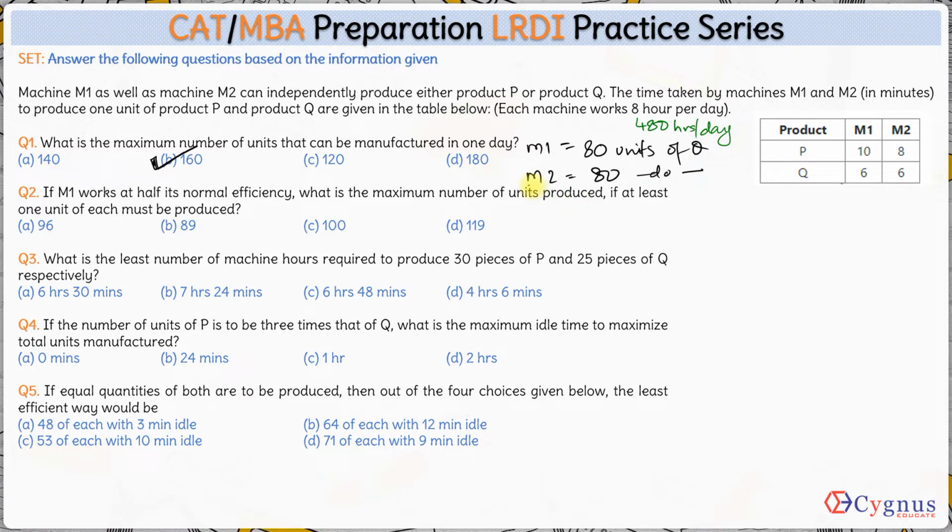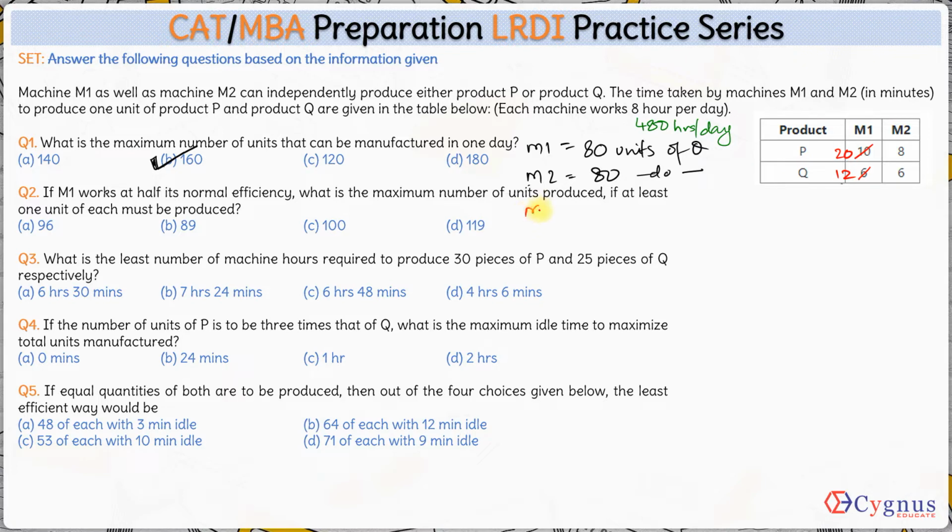So let's try to maximize the number of units first, and that would be done when we produce Q using both the machines, right? But the only problem now is the efficiency of M1 is half. Since the efficiency is half, time taken by M1 to produce both P and Q will become double. So time taken to produce P will become 20 minutes and for Q it will become 12 minutes.